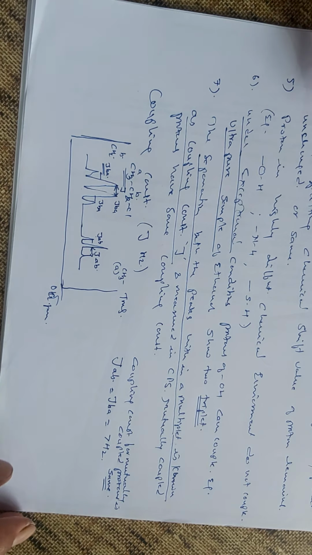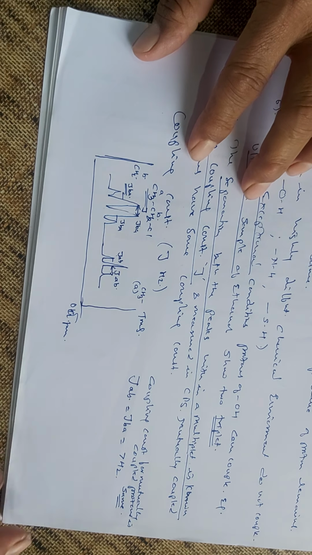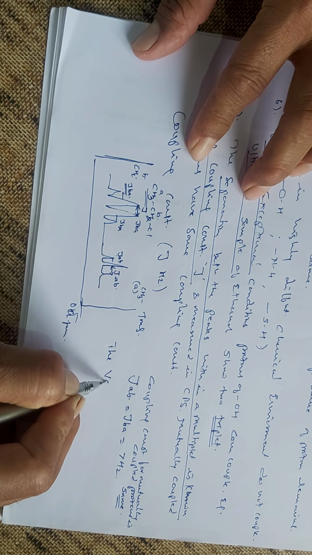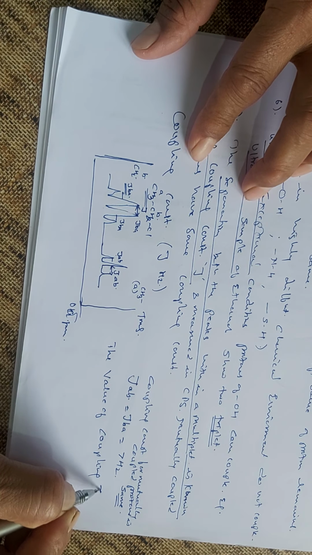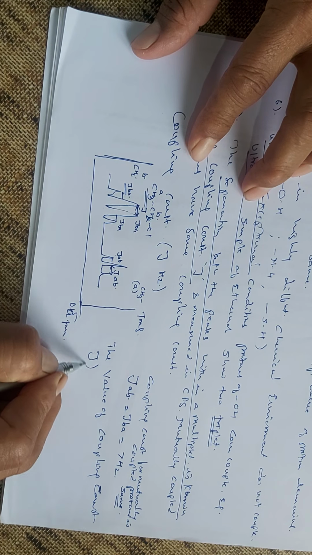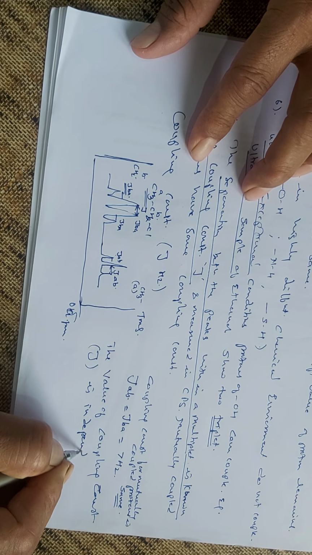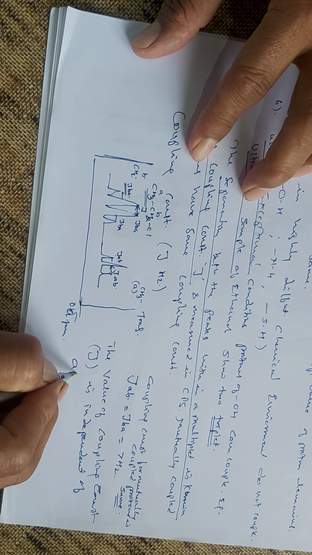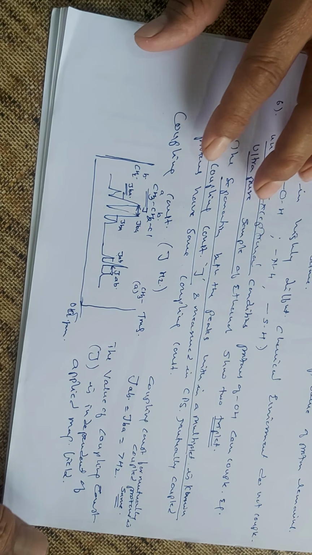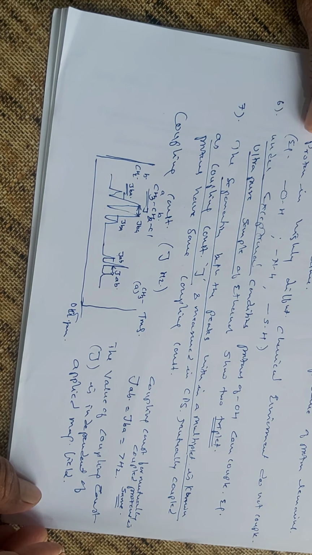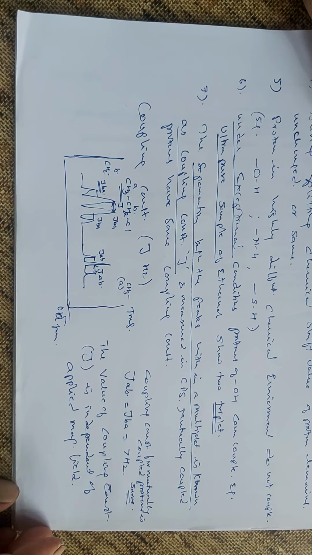The value of the coupling constant J is independent of the applied magnetic field or the radio frequencies, and this helps us to determine the stereochemistry of the molecules also.